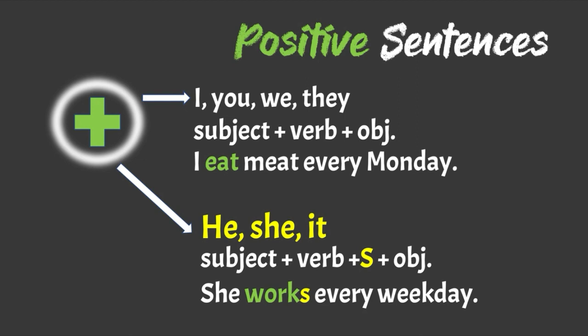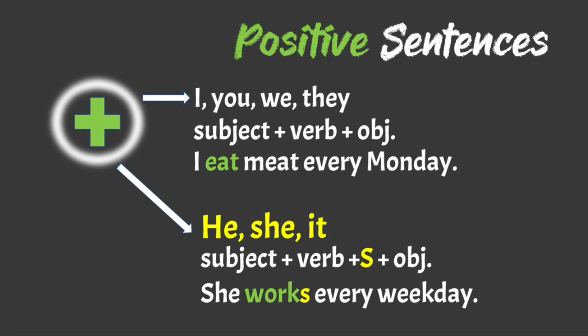Well, for the third person singular, we have subject plus verb plus s plus object. For example, she works every weekday. We need to add an s to the verb. She works every weekday. Okay?